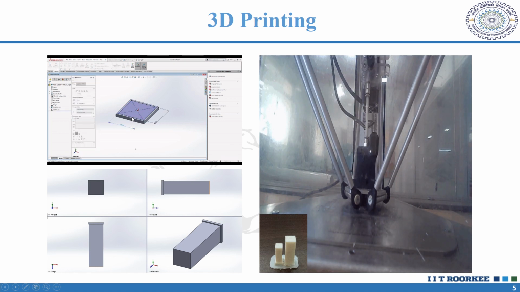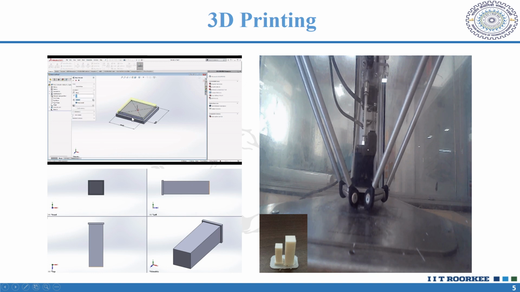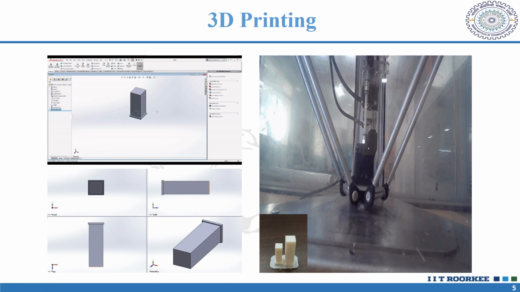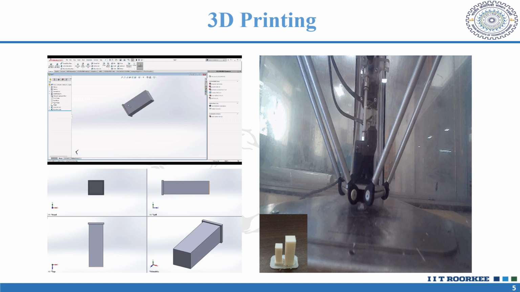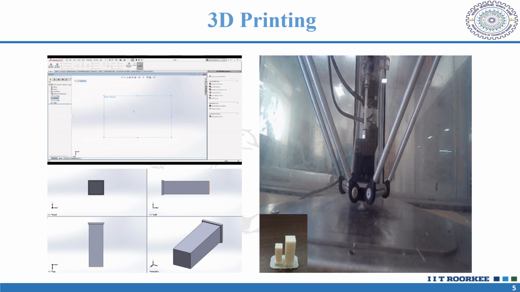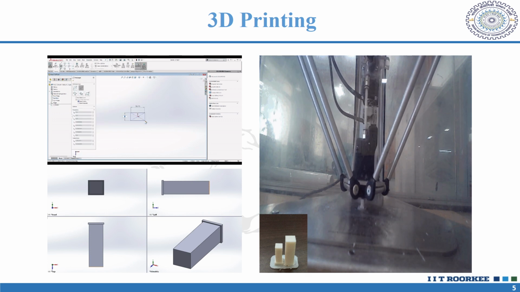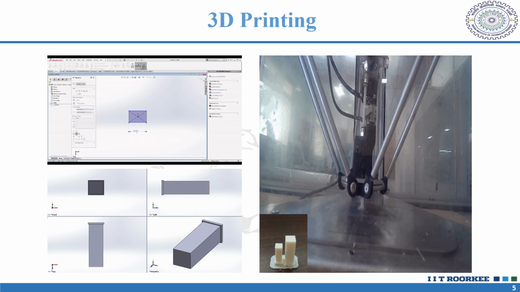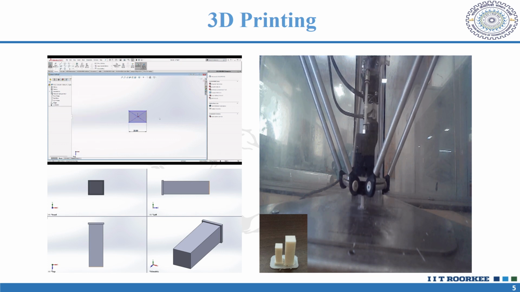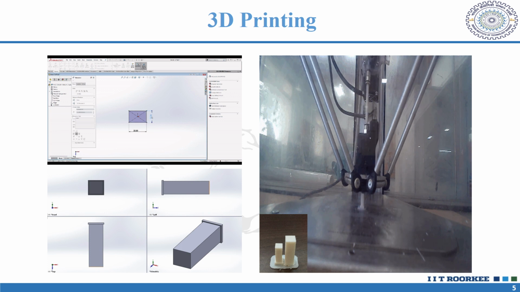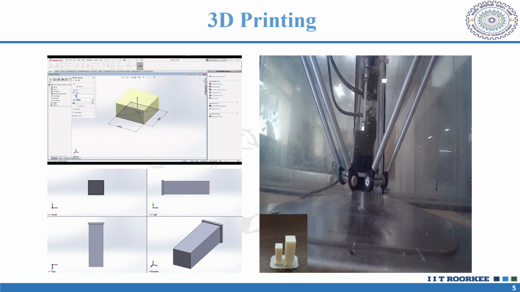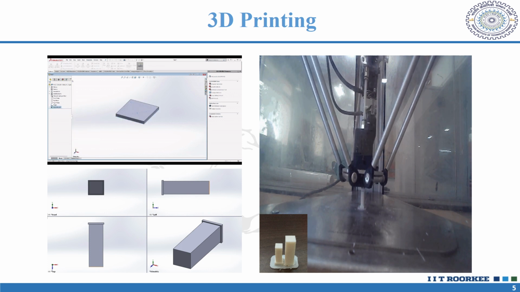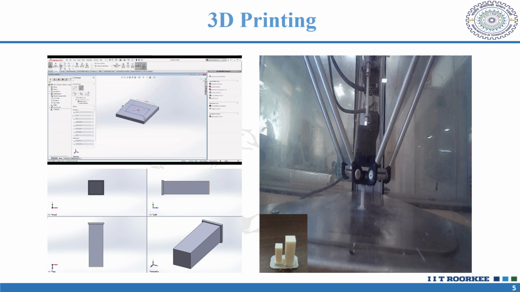And after CAD designing, we need to set the printing parameters such as what should be the printing speed, what should be the resolution, infill pattern, infill density. And after setting printing parameters, we convert it into a G code file and upload it into the 3D printer.